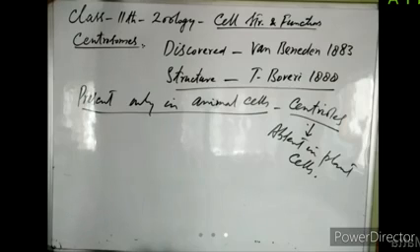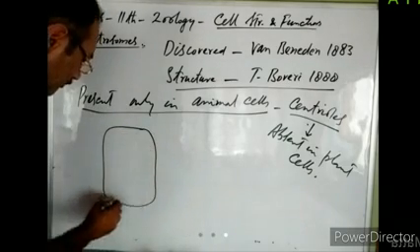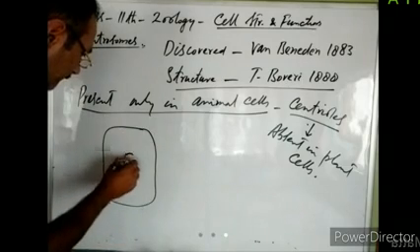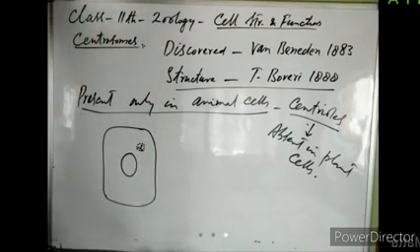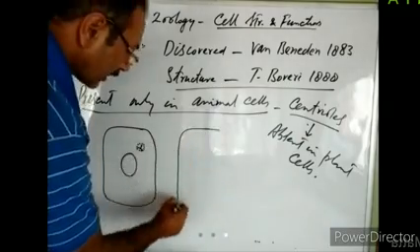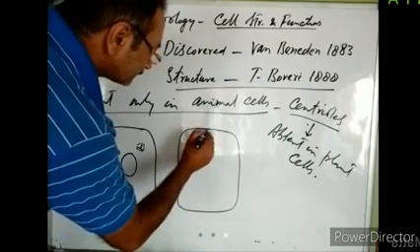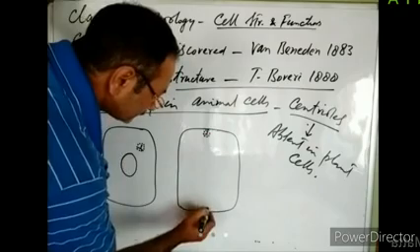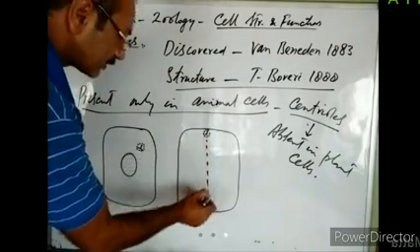Actually, there is a single centrosome in an animal cell, but at the time of cell division, it divides and migrates to two opposite poles of the cell, one here and one here, where it forms the spindle fibers.